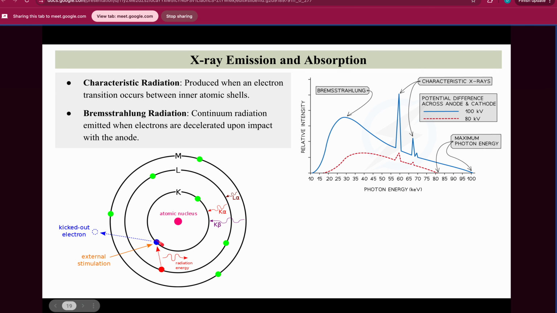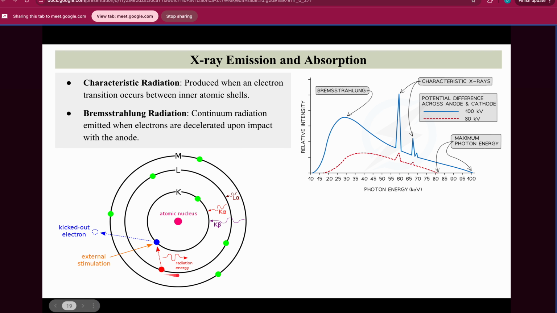If the kicked out electron is from the K shell, it will generate a different radiation, because as soon as this electron is kicked out, another electron present in an outer shell will try to occupy the space of the kicked out electron.